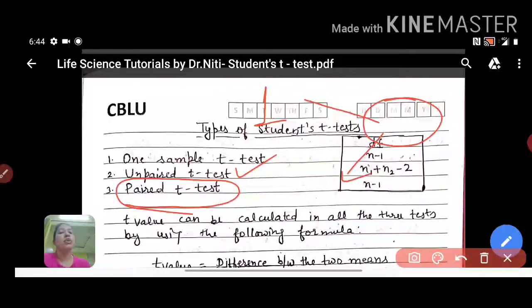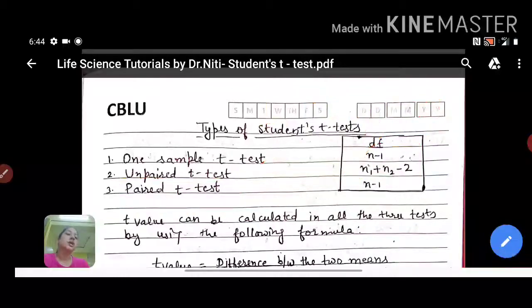That is, before giving the drug you have noted down the blood pressure, and after giving the drug you have noted down the blood pressure. Now you have to compare the means of these two blood pressures. These two blood pressures have been taken from the same sample or from the same individuals, just before giving the drug and after giving the drug. So these will influence each other. Okay, so this is termed as paired t-test.